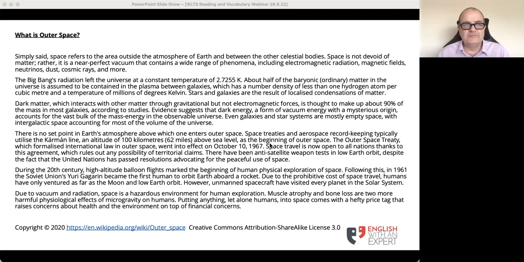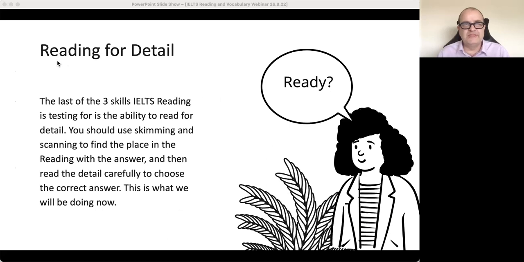So let's move on then to talk a little bit then about reading for detail. This is the last of the 3 IELTS reading skills that you really need to master. And it's testing your ability to really check that the answer is correct. So we use skimming and scanning to find the place in the reading with the answer.